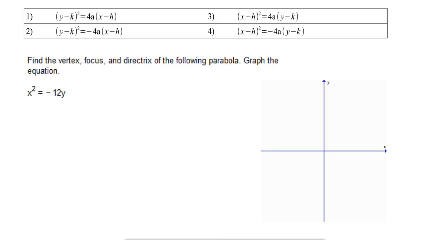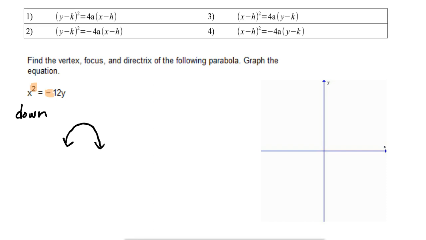So what I want to know is the orientation of this parabola. What I notice is that I have a squared on the x. That tells me that the parabola is going to be oriented either up or down. And then I notice this negative, and that negative tells me it's going to be oriented down. Now the reason why this is important to do first is because it's going to help you identify where the focus and the directrix will be.